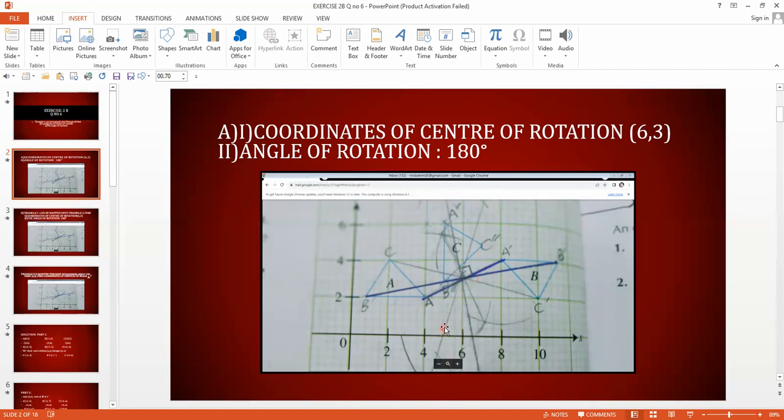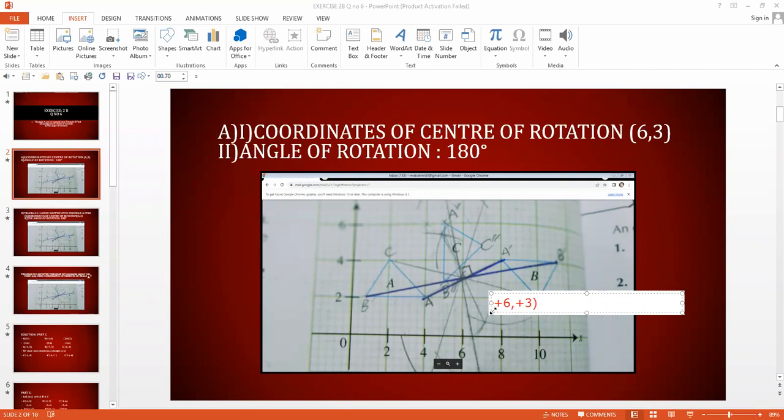And after joining these 2 points, you again observe that these 2 perpendicular bisector again passes through the same point. Which point? This ordered pair. On x-axis we have x and on y-axis we have 3. So I have to write here. On x-axis we have plus 6 and on y-axis we have plus 3. Okay.